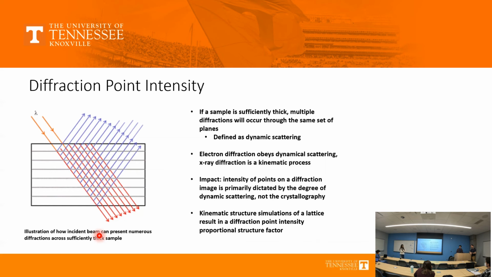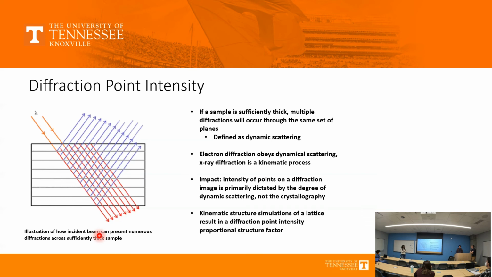The intensity of a point in X-ray diffraction is directly proportional to the square of your structure factor. But when you're working with electrons, you introduce the electronic interaction between electron beam and electron cloud. Instead, your point intensity starts to become proportional to the amount of multiple reflections occurring in your lattice.